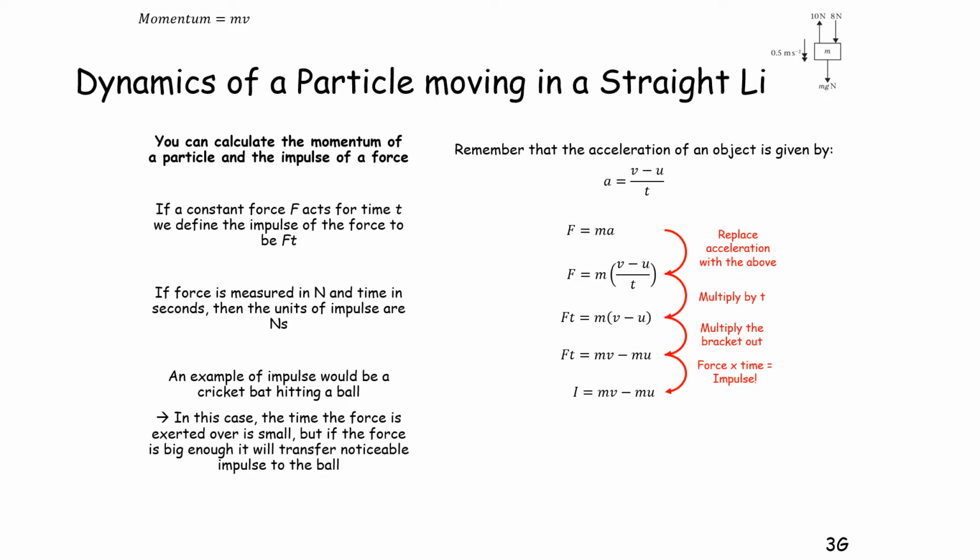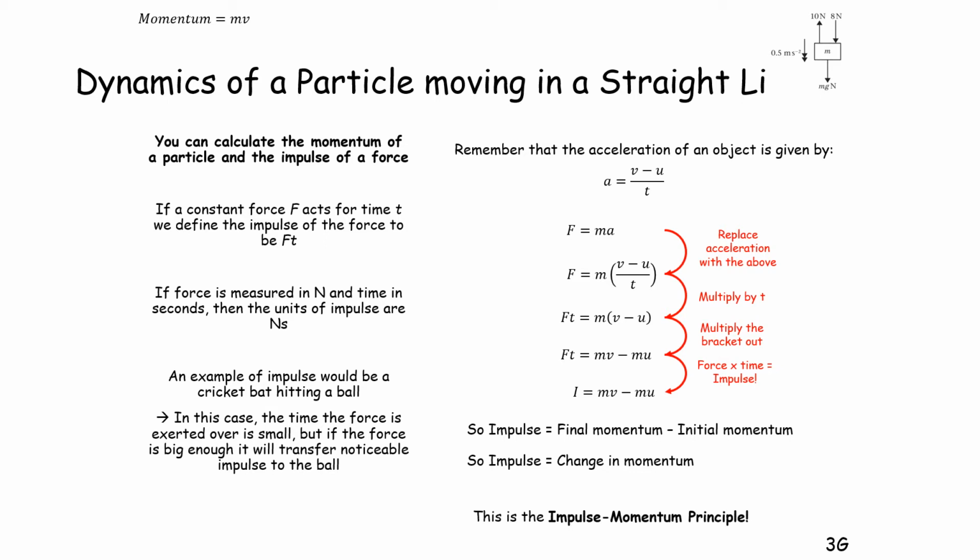So I is equal to mv minus mu. So the impulse is final momentum minus initial momentum. So impulse is change in momentum, and this is the impulse-momentum principle.